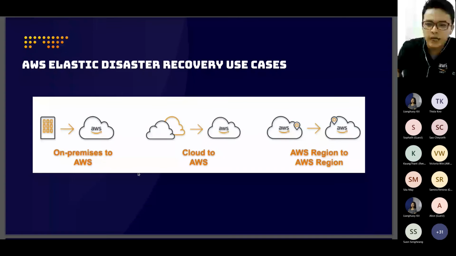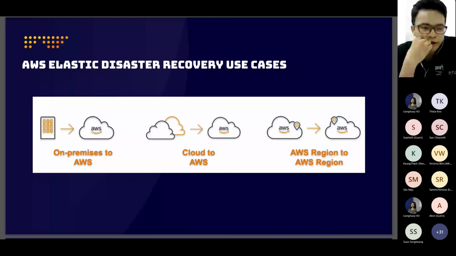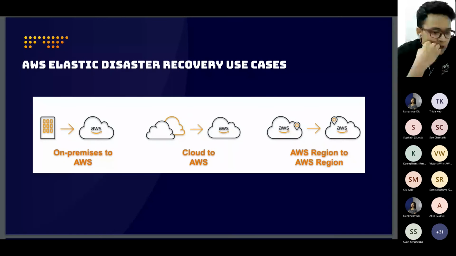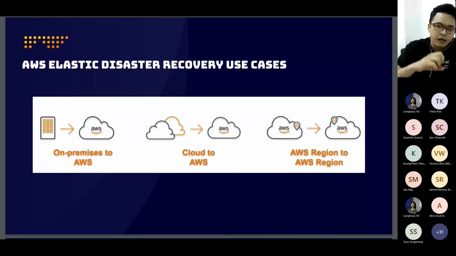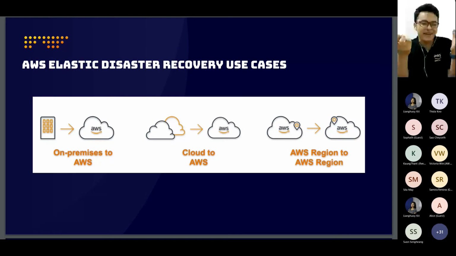Okay, so AWS DRS. How can we use AWS DRS for DR? As I told you earlier, DRS can replicate everything from everywhere. The source can be on-premise, or another cloud vendor, or the same cloud vendor, for example AWS from a different region.